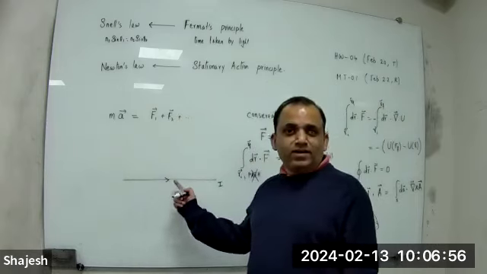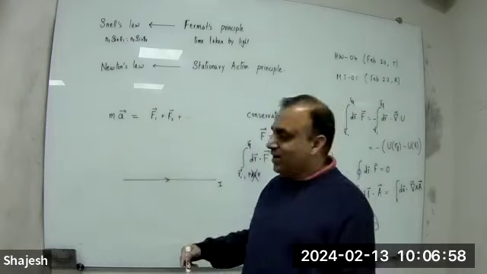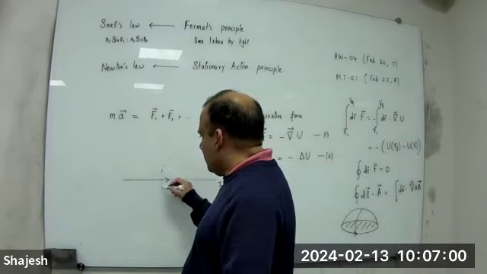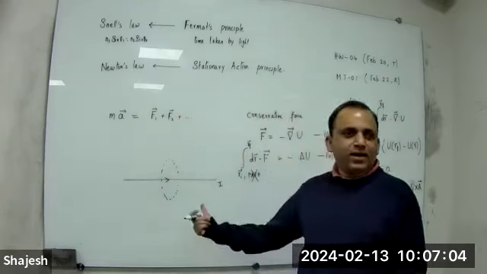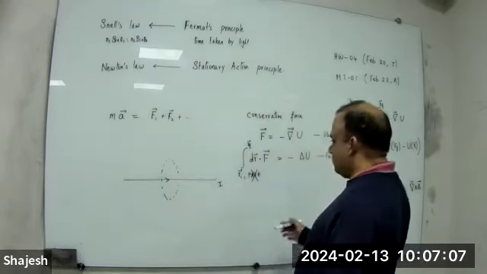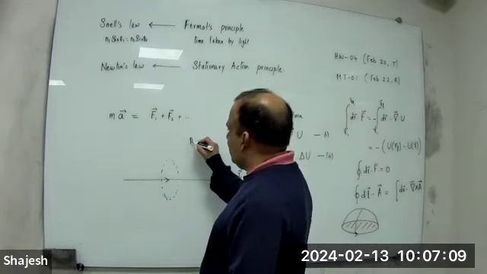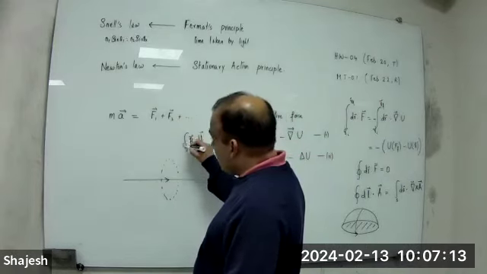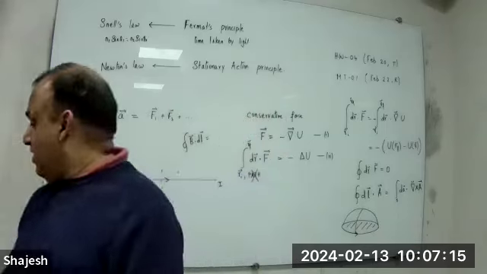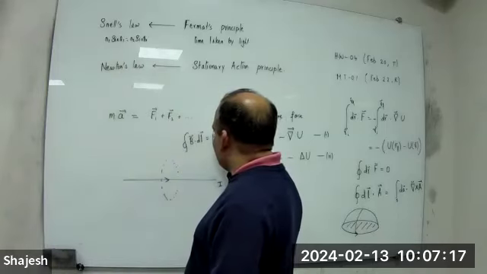So this wire creates a magnetic field, correct? And you take any loop, and if you calculate this B dotted with dl about that loop, what do you get? Current enclosed, right? Is that always correct?